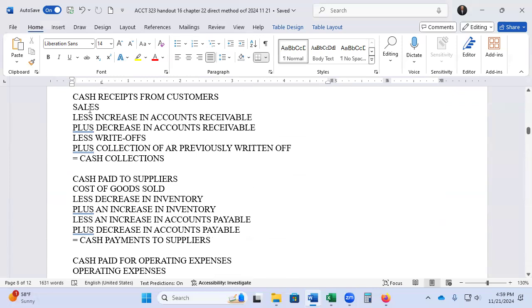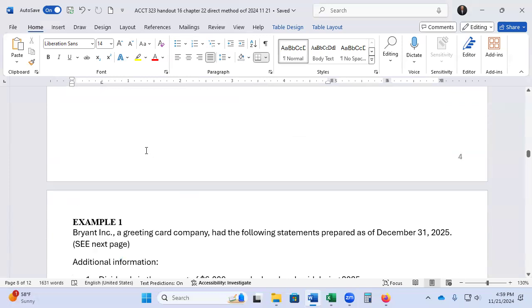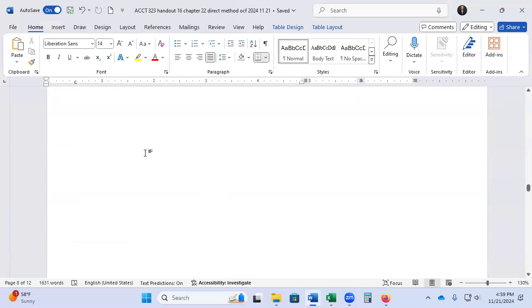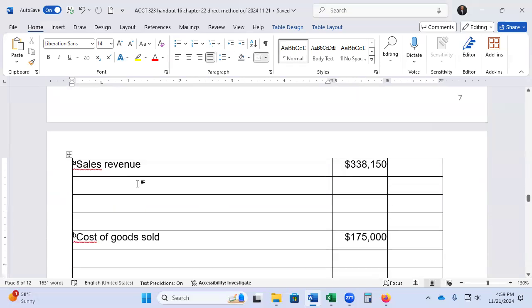We need the changes in accounts receivable, the write-offs, and the collections. So here we have sales revenue less increase in accounts receivable. That's 11,000, and you should see that right on the face of the statement.